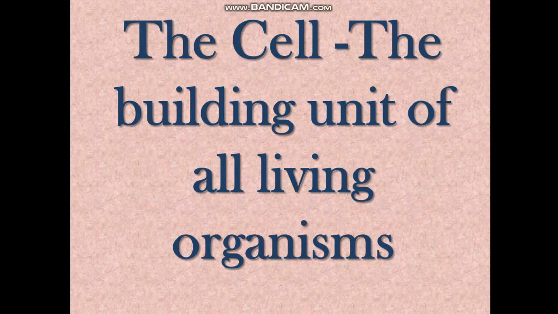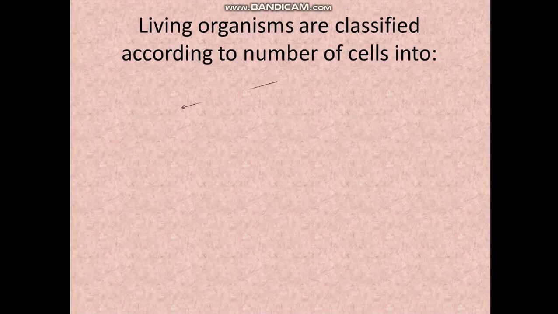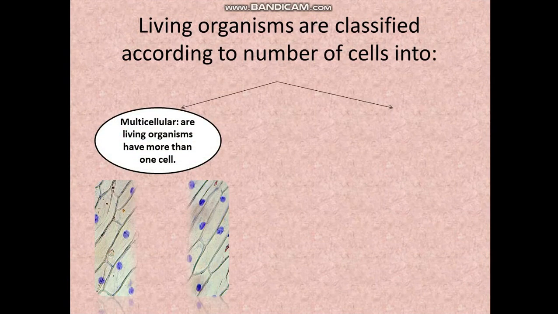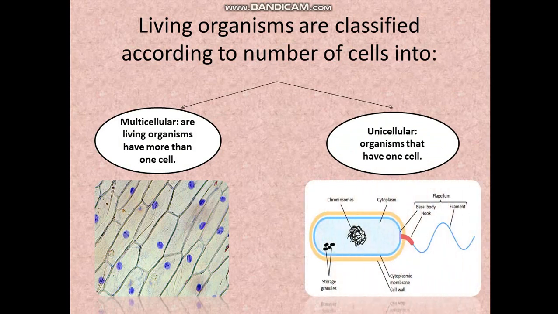So, we classify the living organisms according to the number of cells into number 1, multicellular living organisms, and number 2, unicellular living organisms. What's the meaning of multicellular living organisms?